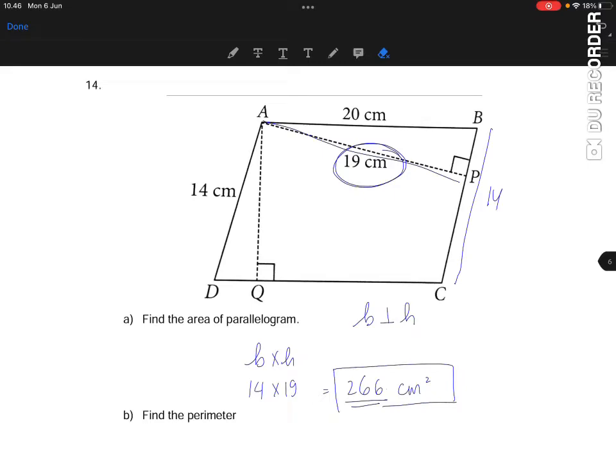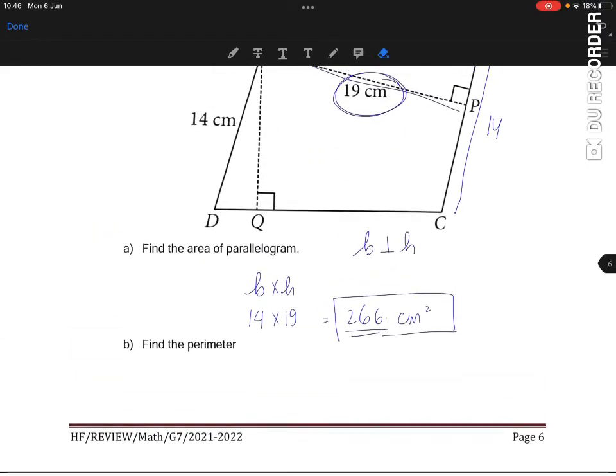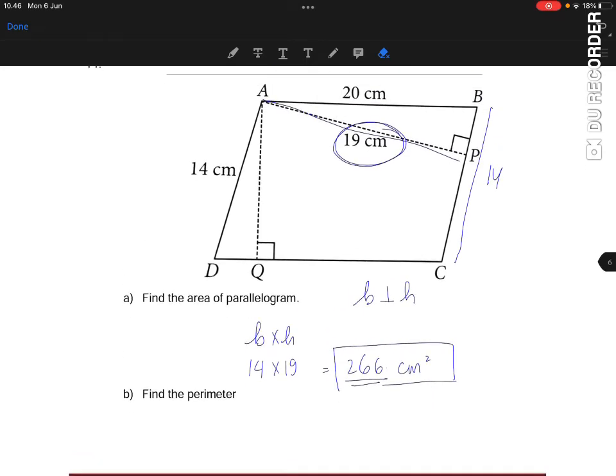Centimeter square, remember. Move on to perimeter now. If we want to find the perimeter of the figures, remember, just ignore the lines inside the figures. Last time I saw from your assignment, you also added the height of the parallelogram. No need to, guys.